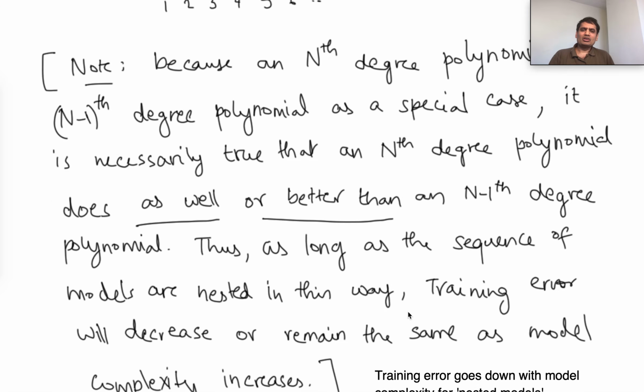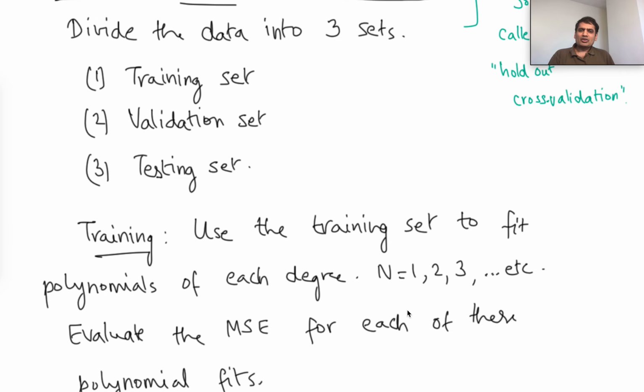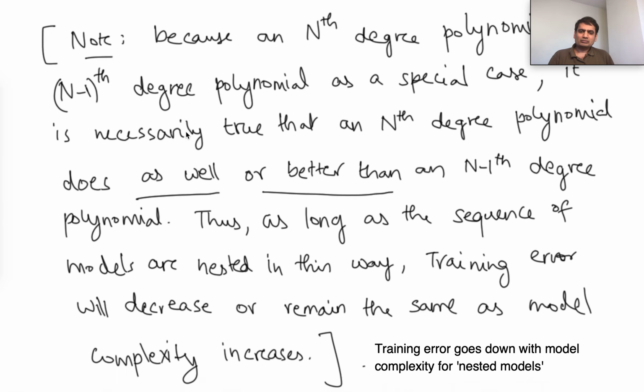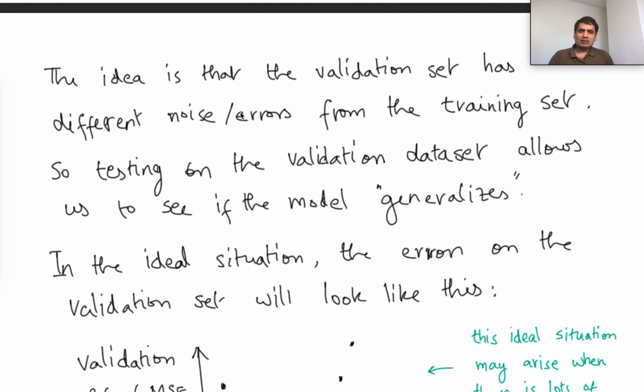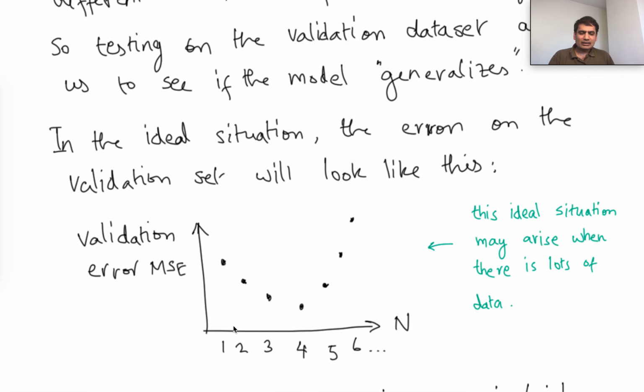Recall, you divided the data into three pieces. You find the coefficients using the training data set, and then find the mean square error on the validation data set. And the validation error, mean square error, will look kind of like this.